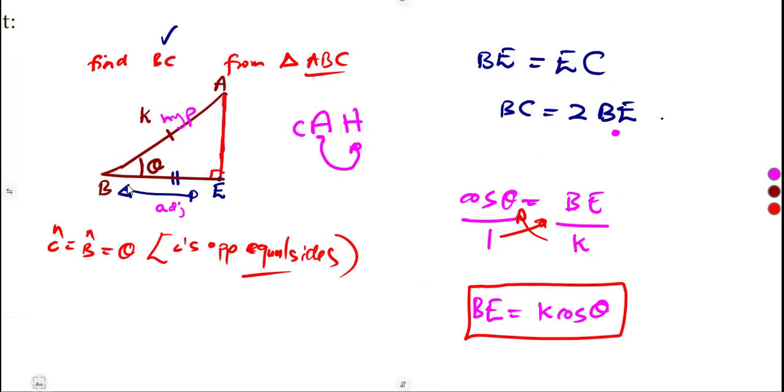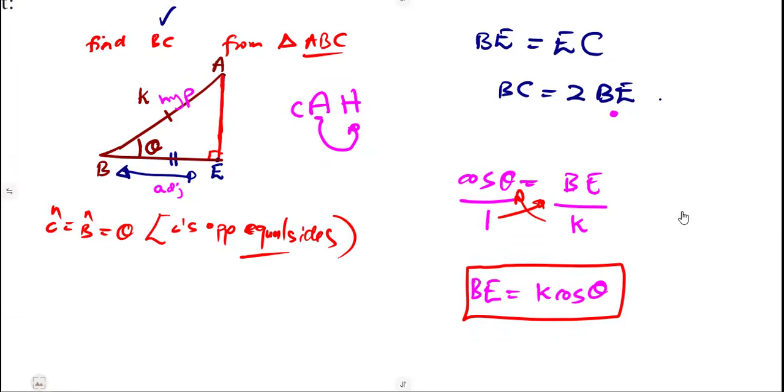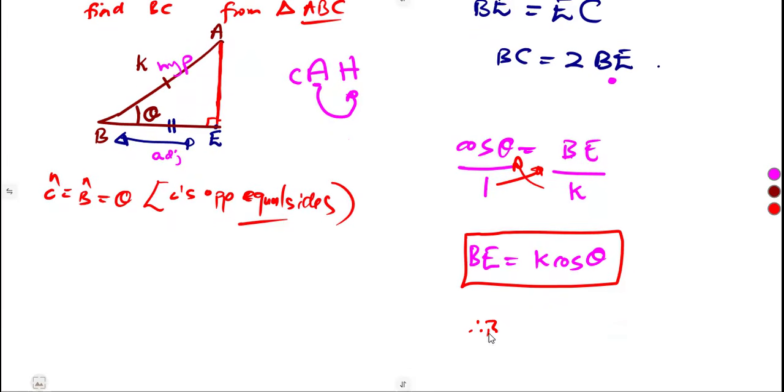But the whole of B to C, the one that we erased, is the same as 2 times B. You multiply whatever you got by 2. So therefore, BC is equal to 2 times BE, which is 2 times K cos of theta.